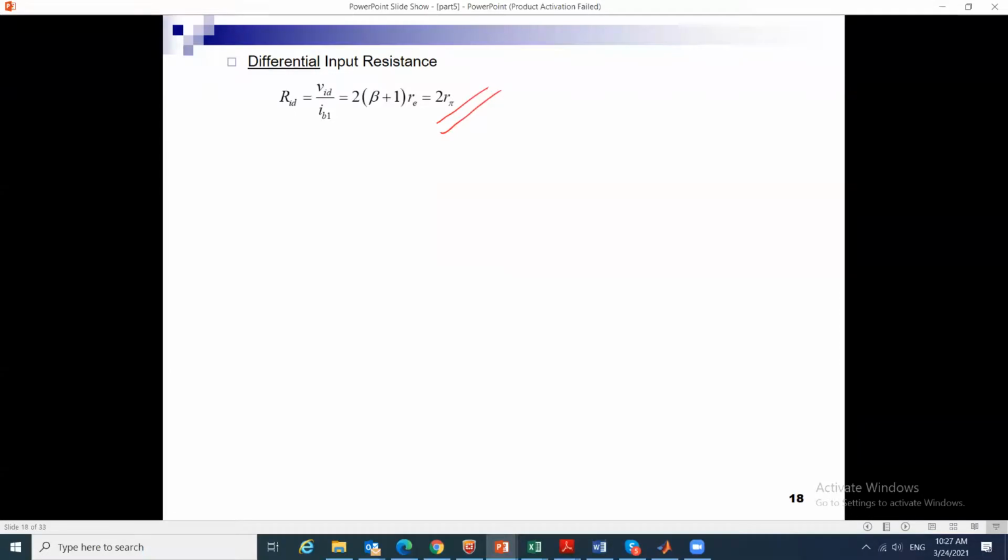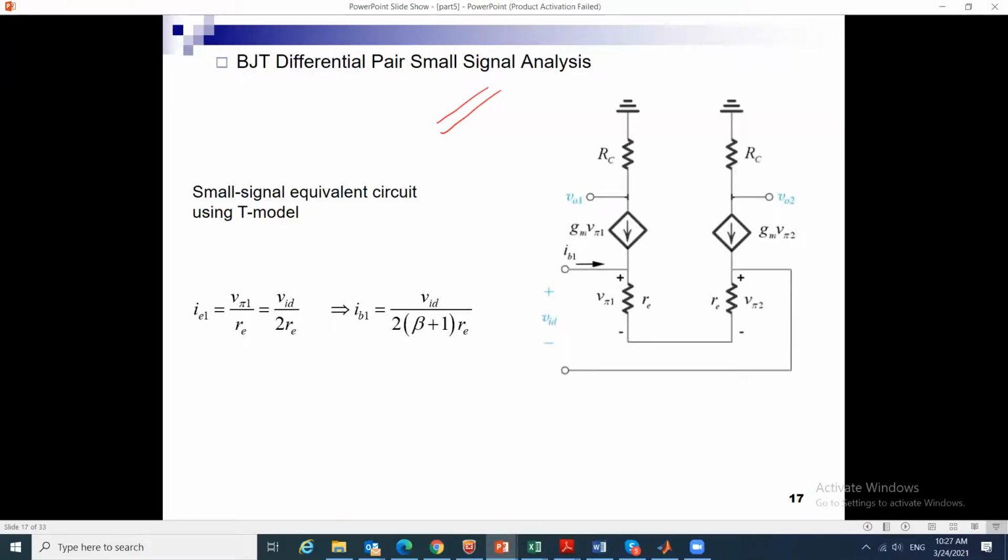Okay, and if I have RE, if we go back to the circuit and put here RE and here RE, then IE becomes VID over 2 into re plus big RE, and IB1 will be equal to VID over 2 beta plus 1 times re plus 2 times beta plus 1 times big RE.